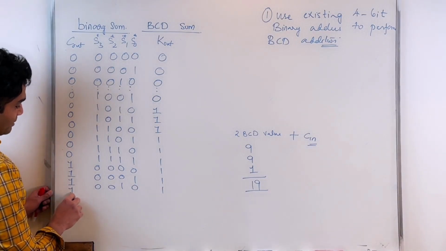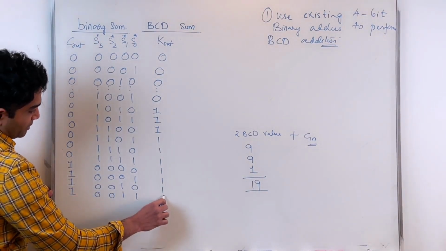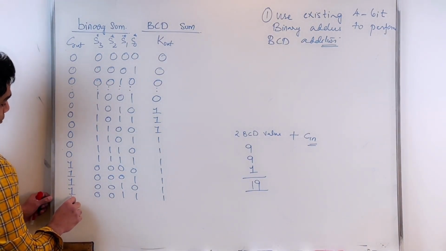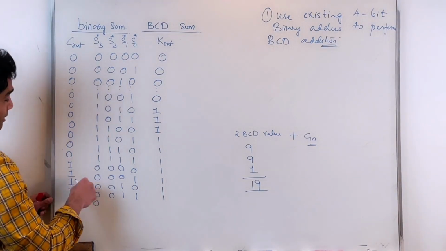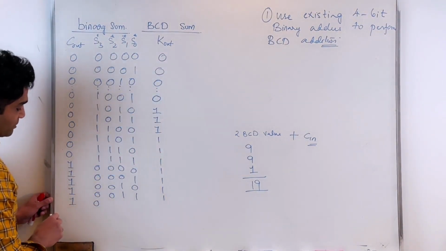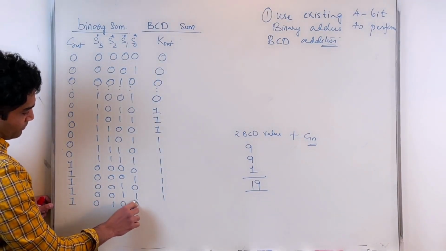And 19, 1, 0, 0, 1, 1. K out is a 1. And 20 would be 1, 0, 1, 0, 0. I'm trying to list out all possible combinations.